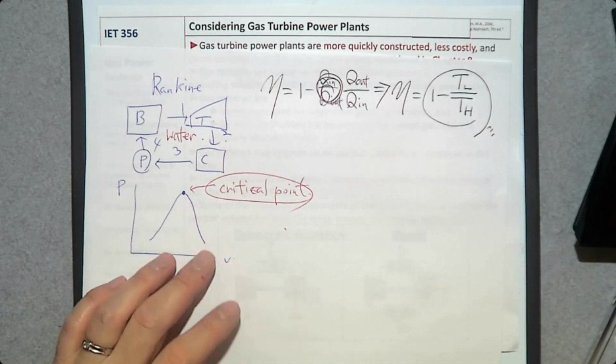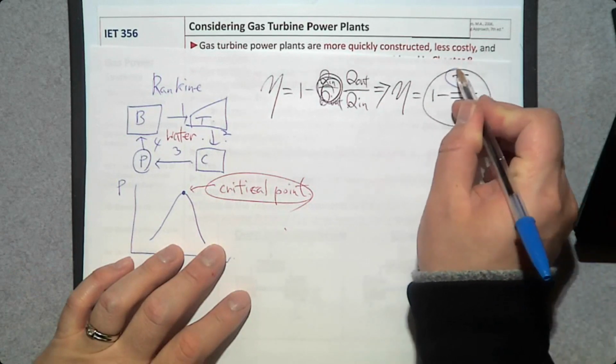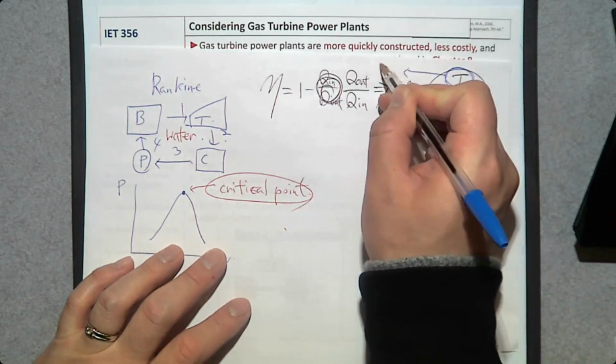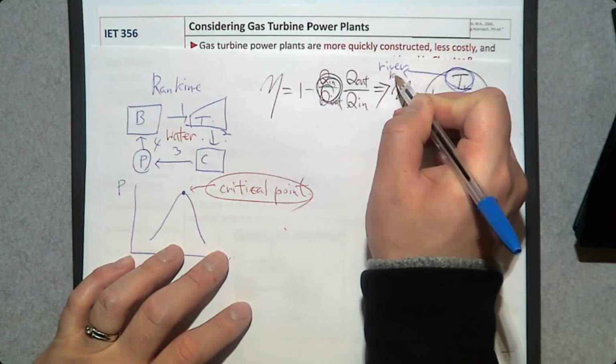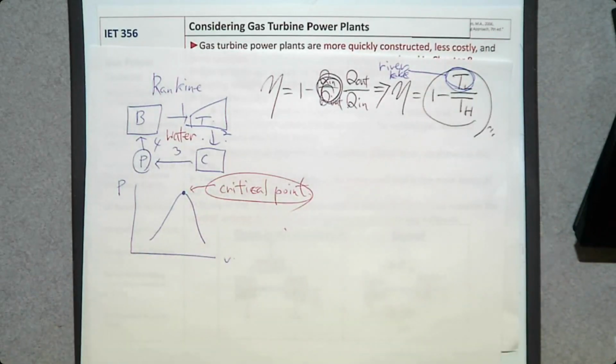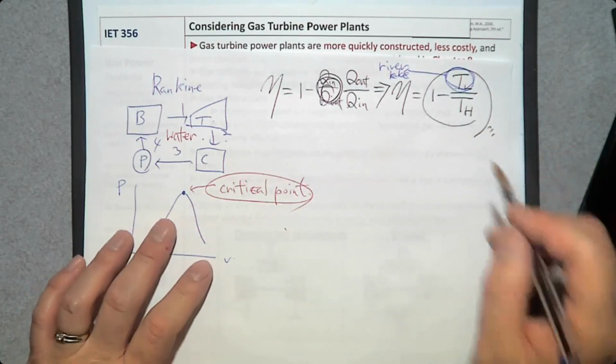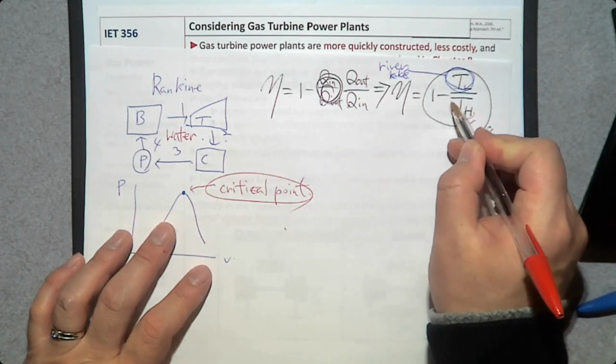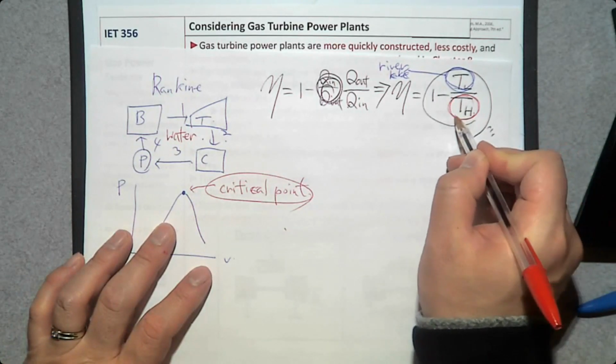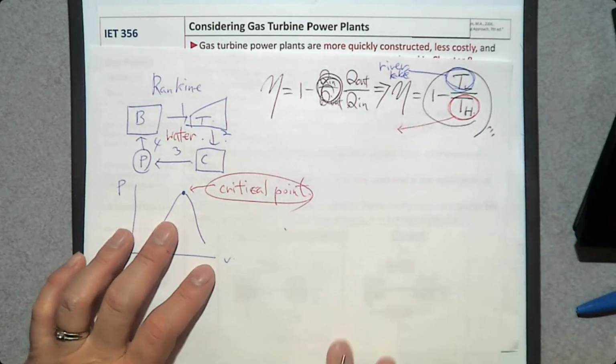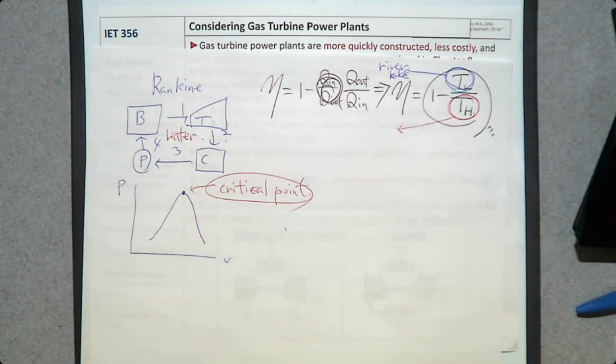TL is the temperature of the coolant. This can be the temperature of a river, lake, or ocean, wherever the coolant is coming from. And what is the other one? The temperature at the inlet of the turbine, the temperature of the source.